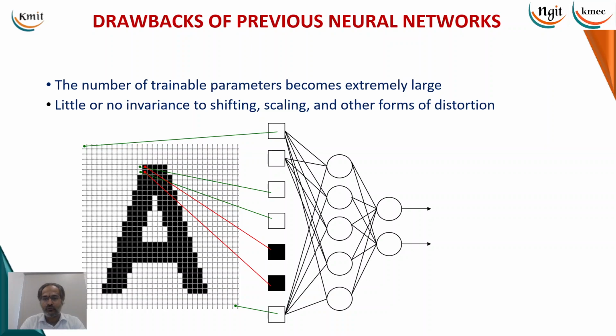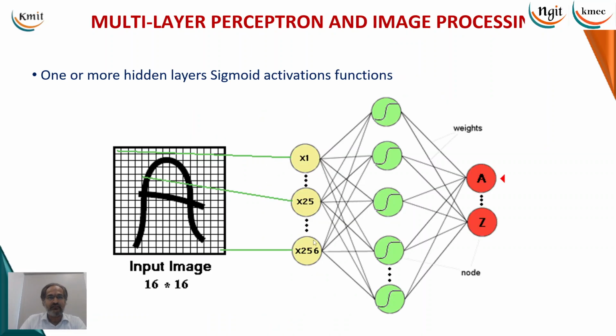So we need 256 weights in the first hidden layer, plus as many biases as there are neurons. That is the requirement.